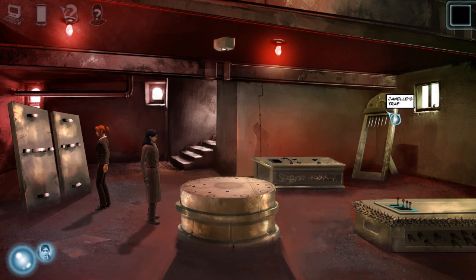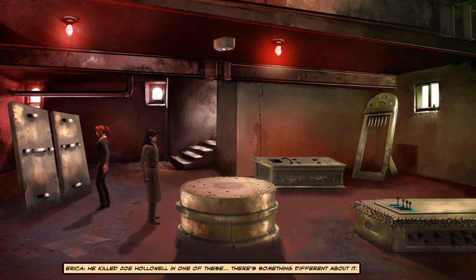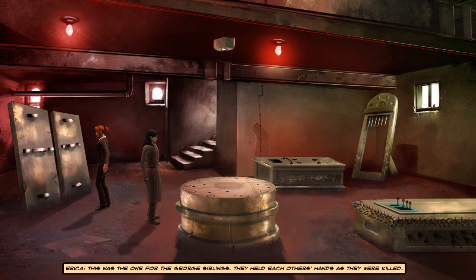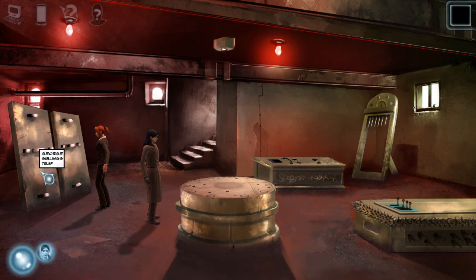You can read about some of these traps, not all of them. He killed Joe Hollowell in one of these. There's something different about it. This was the one for the George siblings. They held each other's hands as they were killed. I think this one was actually in the comic. I don't remember, but I'm pretty sure it was. So these 4 traps are going to be very important for the near future.